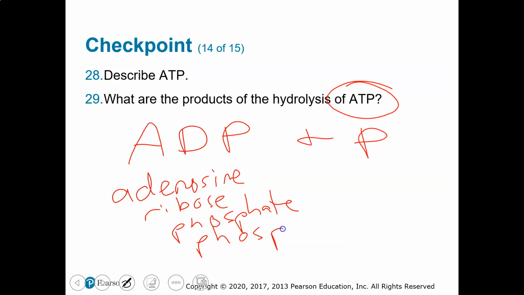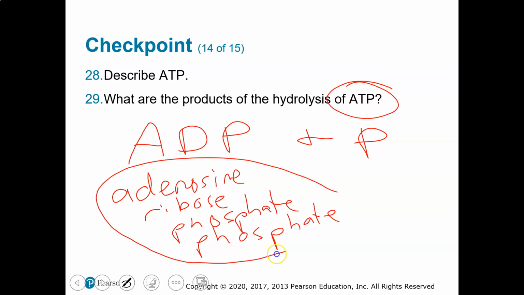That would be your ADP, which contains two phosphate groups, diphosphate. The extra phosphate has been removed, and when that phosphate is removed from ATP, that is how the energy is released from the ATP.